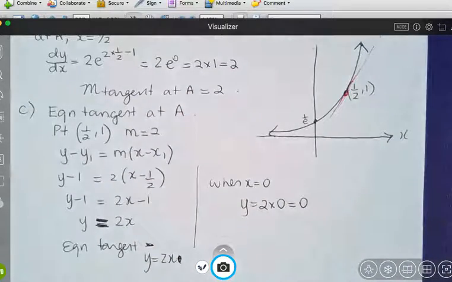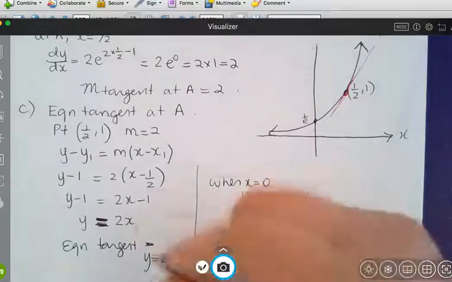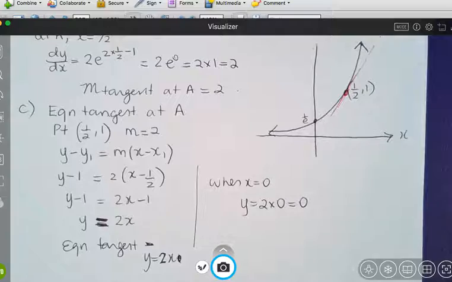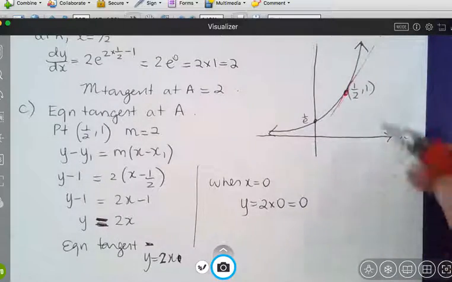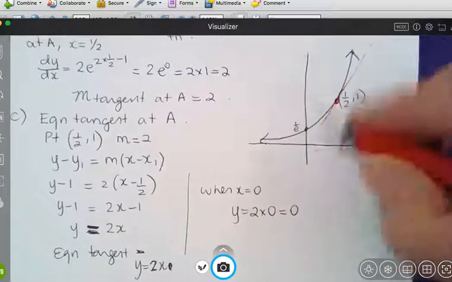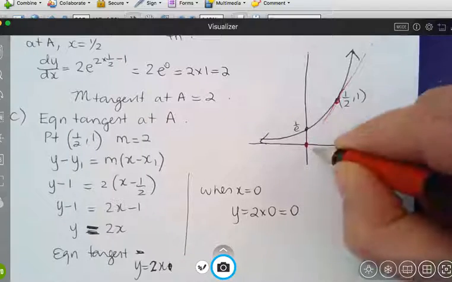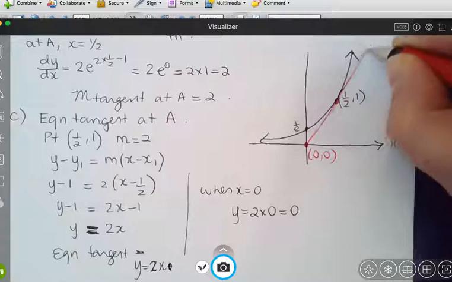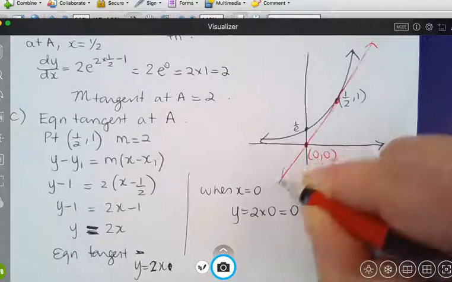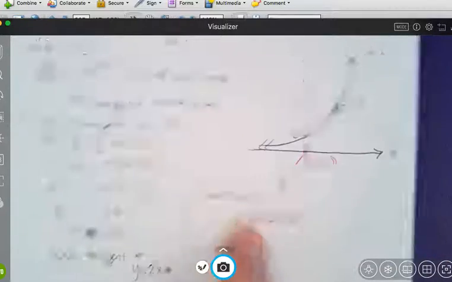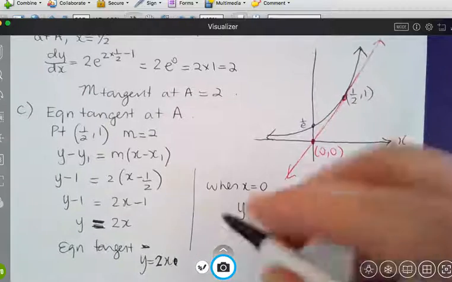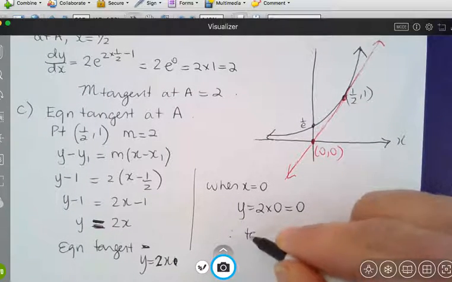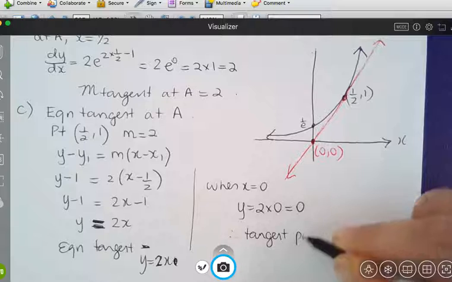So y equals 2x is just y equals x, but steeper. So we know that it passes through a half, 1, and we know that it passes through 0, 0, because I looked at the equation of the line y equals 2x, and when x is 0, y is 0, therefore the tangent passes through the origin.